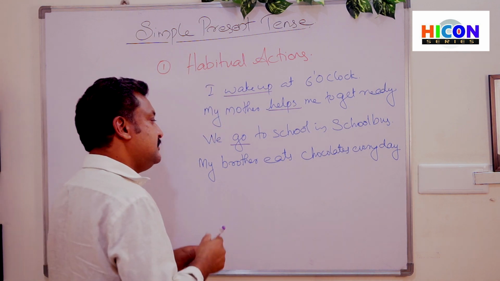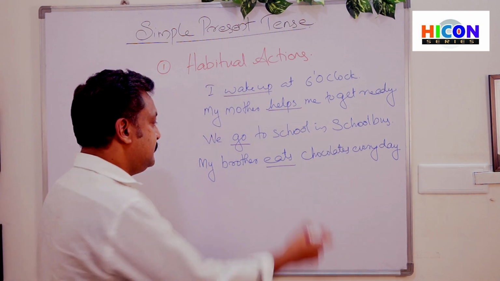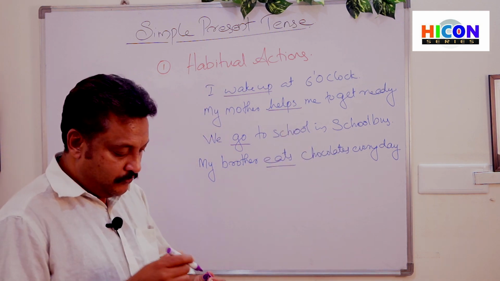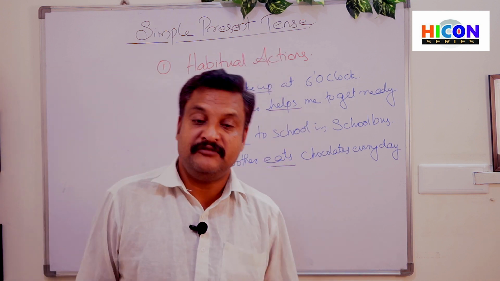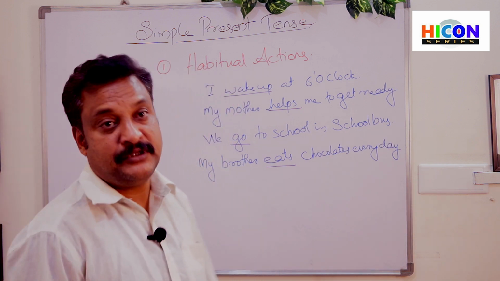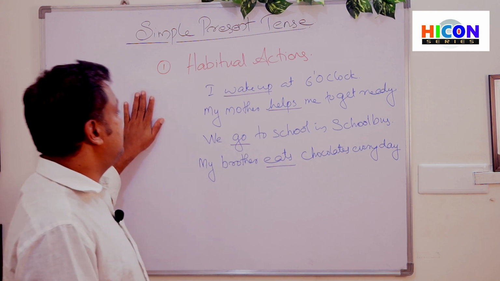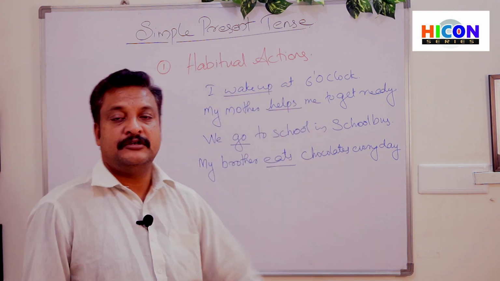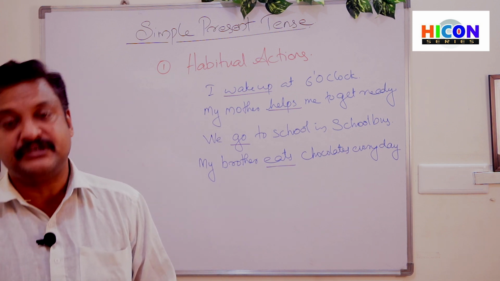Yeah, the verb is eats. Right? It's eats. So when we have to express habitual actions like this, then we write those sentences in a simple present tense. Okay. So the first and important usage of simple present tense is to express habitual actions.